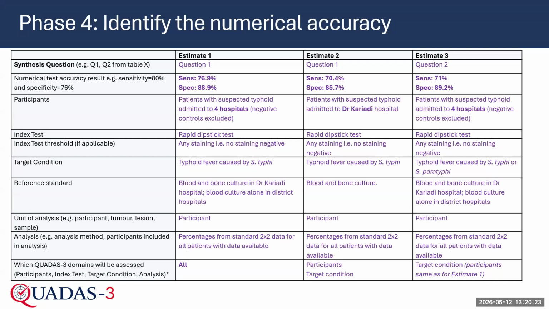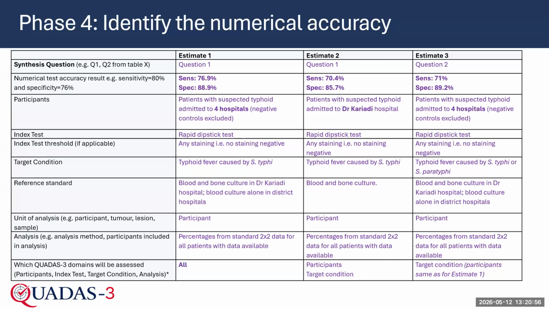The target condition is going to have different answers because we've got the different reference standard. We've got blood and bone culture here, whereas the district hospitals are doing blood culture only. And then estimate 3, it's just the target condition that's going to be different because that's the typhoid or paratyphoid, whereas we'd expect participants to be the same as estimate 1. So you've only got to fill in that domain for this extra estimate, the 3rd estimate.